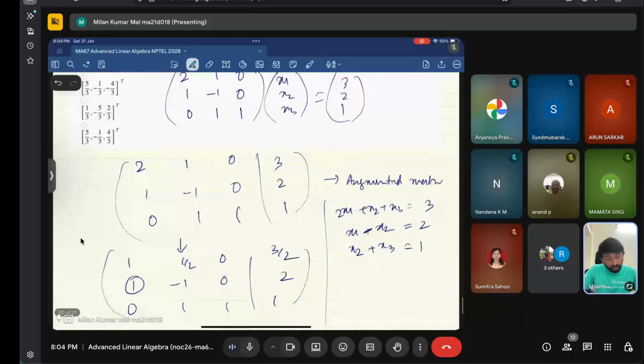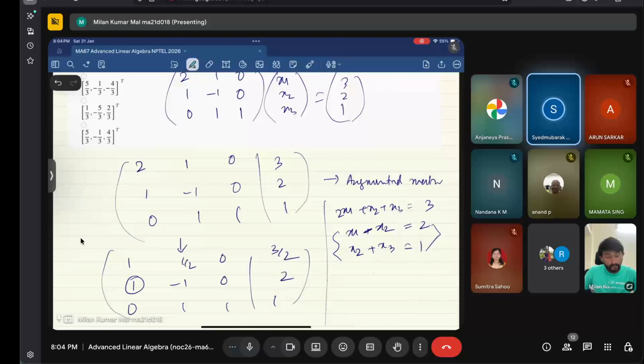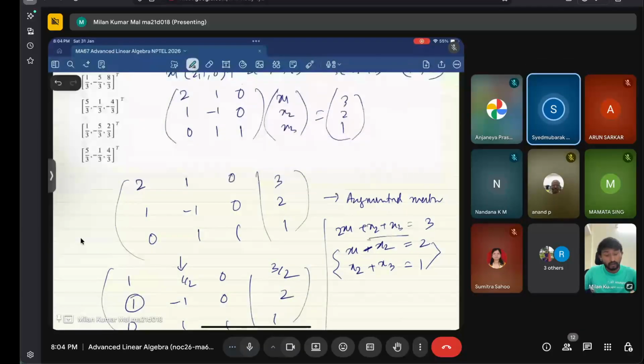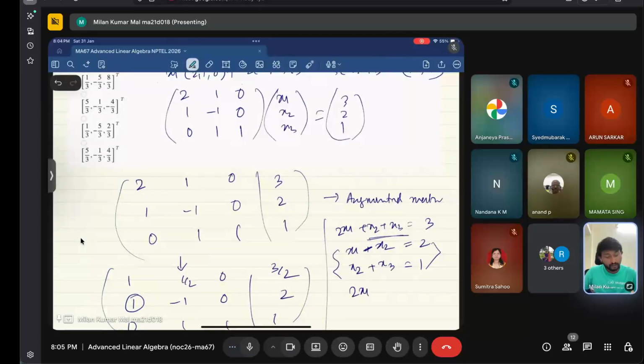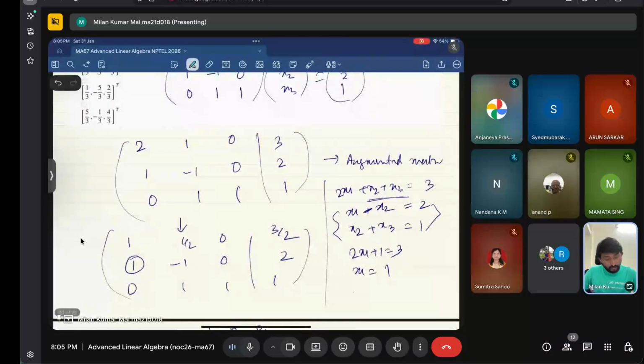So from these, comparing x2, what will we get? Here is the one thing, right? 2x1 plus 1 is equal to 3. So x1 will be 3 minus 1, that is 1, right? So basically x1 is 1.